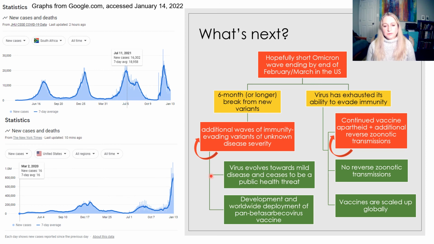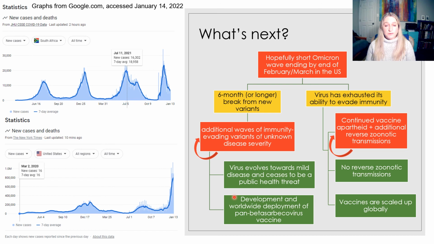And then another potential good outcome in this case would be that scientists develop a vaccine that can protect against all the possible variants of COVID-like viruses. We might call this a pan-beta sarbecovirus vaccine. That's the whole family of viruses that SARS-CoV-2 is a member of. And scientists are working on developing vaccines that could protect against this whole family of viruses.